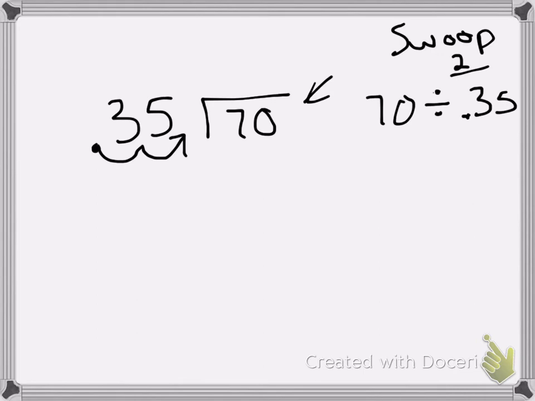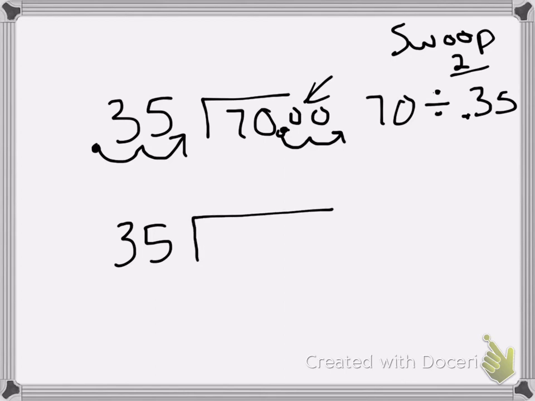Remember, if your decimal's not there, it's at the end of your number. Okay? So I swoop 1, 2 times. Remember, if you don't have anything there, put your placeholders in. So your new division is 35 into 7,000.